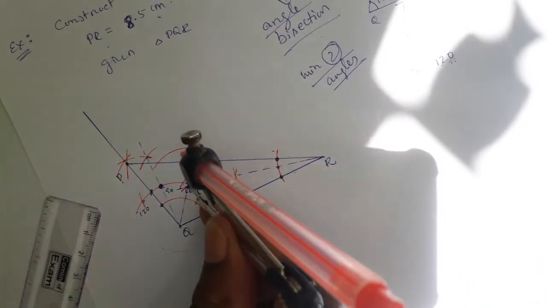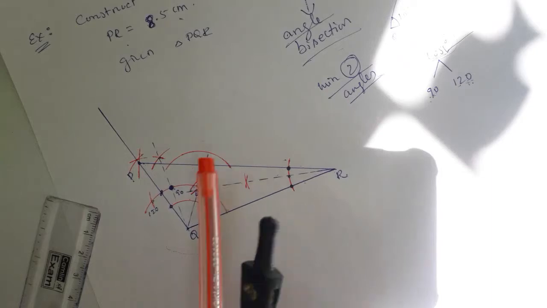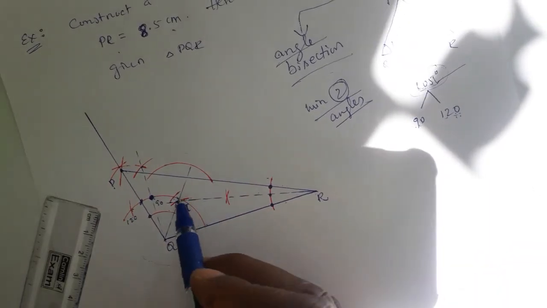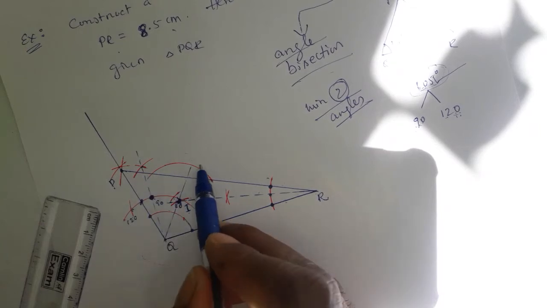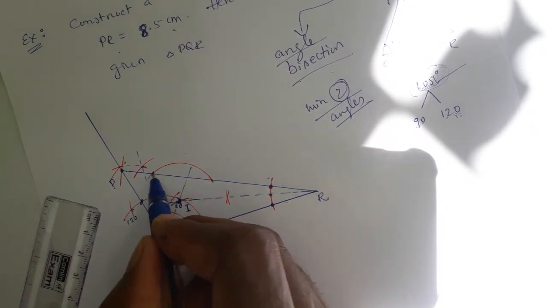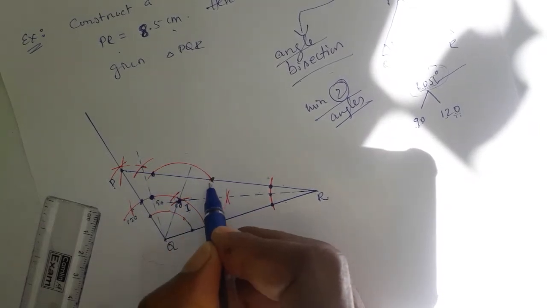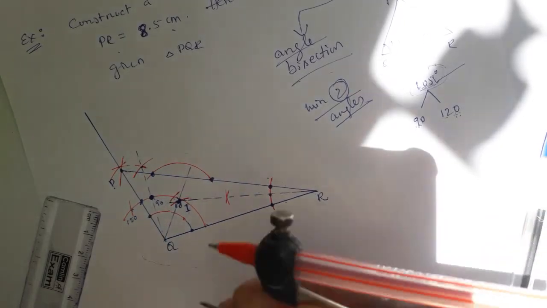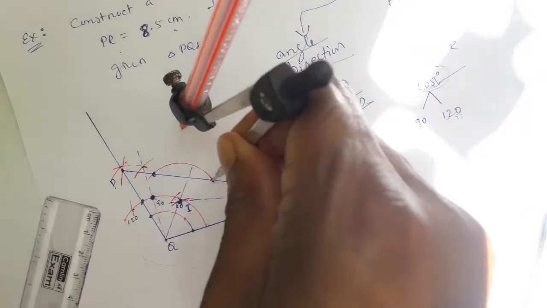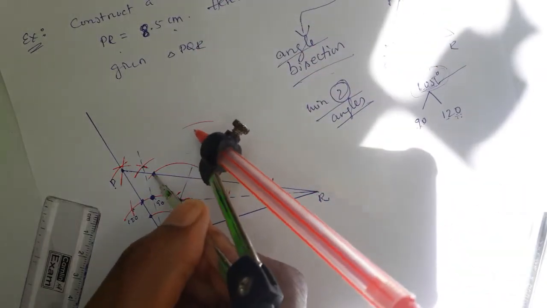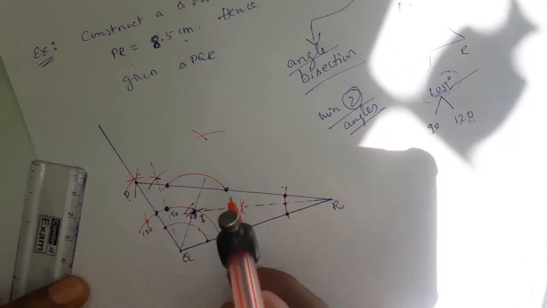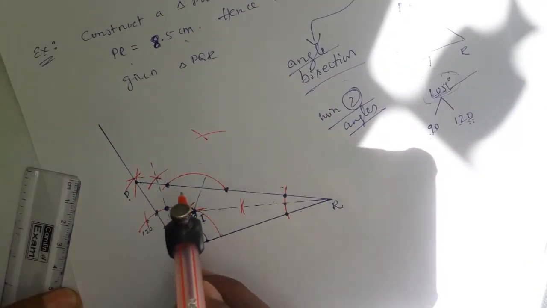So from the incenter, you mark an arc such that it meets any one side at 2 points. Look here, from I mark an arc; that arc meets the PR side at 2 points. Like this. Now from this point draw one arc above, and from that point draw one arc above. I repeat again, from the incenter. How did you get that incenter? Angle bisection of two.